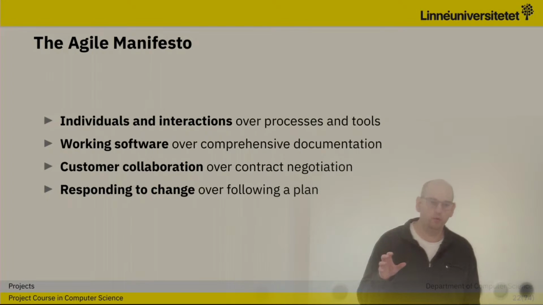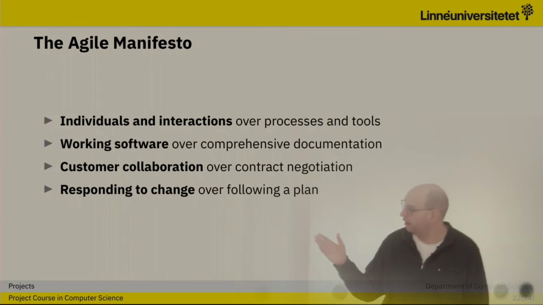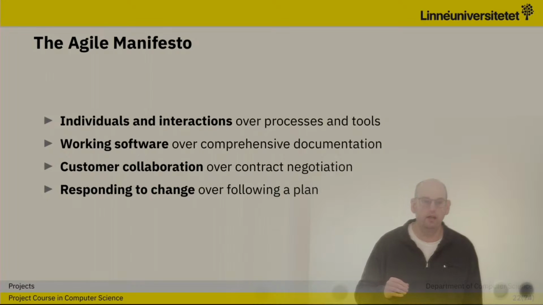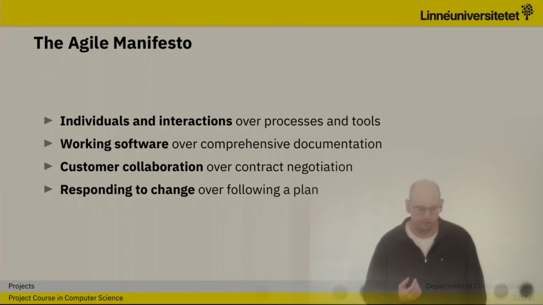So what we're going to say is that the Agile way of working, they think higher of the things in bold here and less of the things on the other side of over. But that doesn't mean that the other things are unimportant, but it does mean that we have a focus on the bold ones.